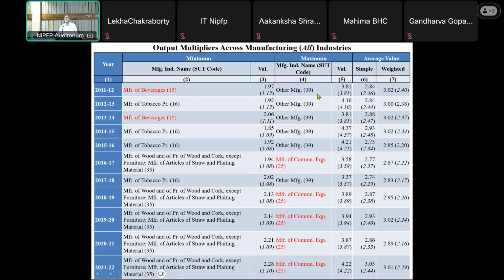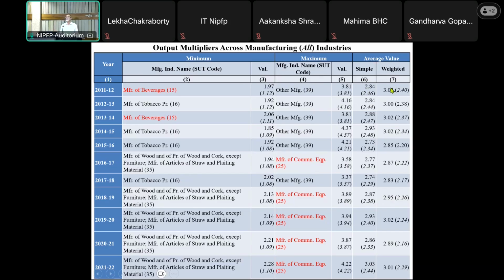The maximum output multiplier is seen for manufacturing of communication equipment, which is part of the PLI scheme, and that's why it's colored red. So amongst all industries, we find that the manufacturing sector has a higher output multiplier as compared to all other industries.